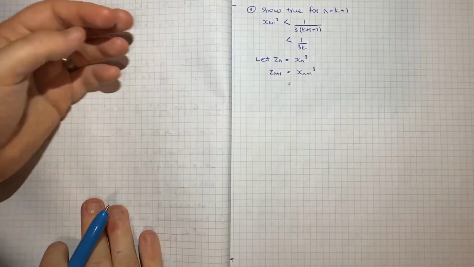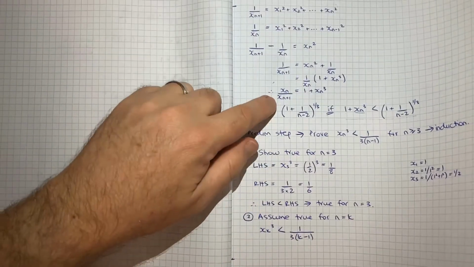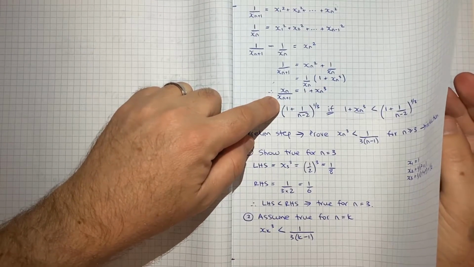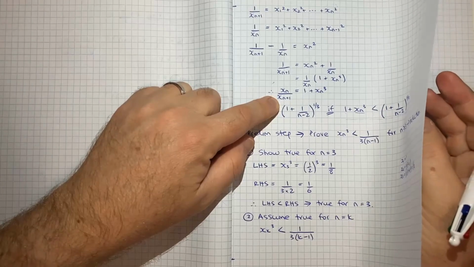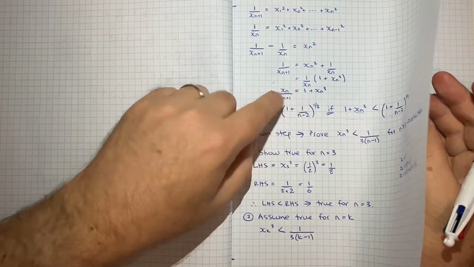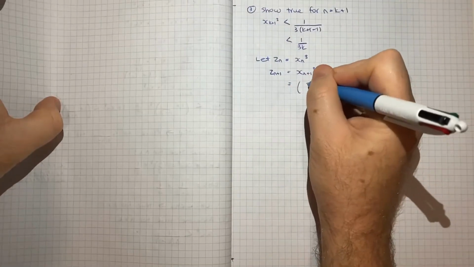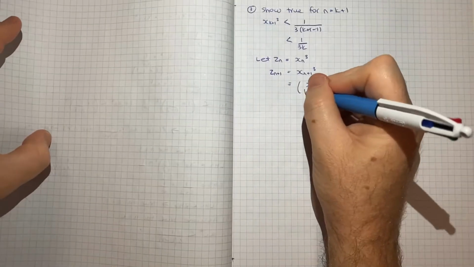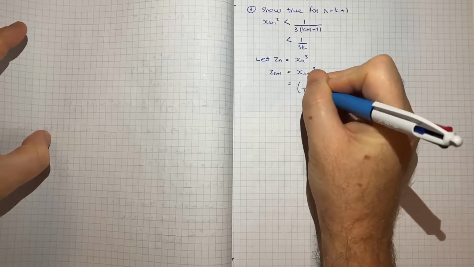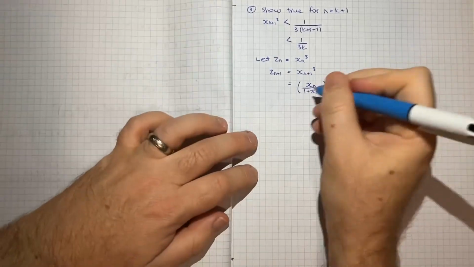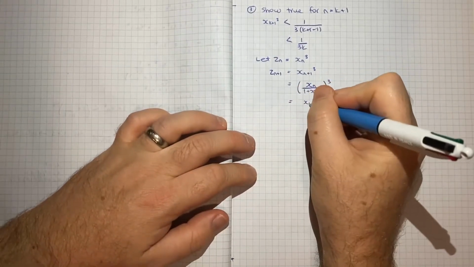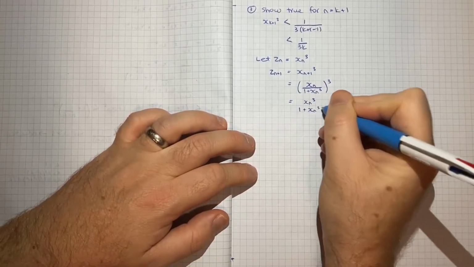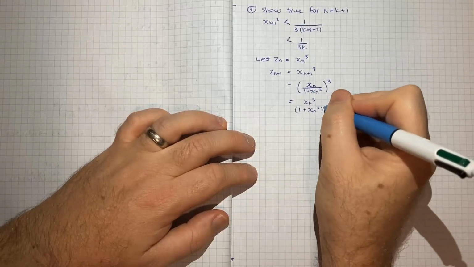And if we remember what I just proved here, this preliminary result, if we rearrange for x_(n+1), what we'll get is x_n divided by 1 plus x_n cubed, and that's all cubed. So that's equal to x_n cubed over 1 plus x_n cubed, all cubed.